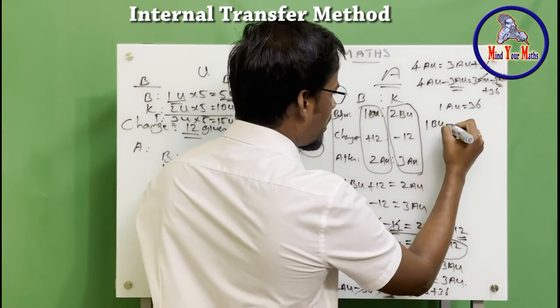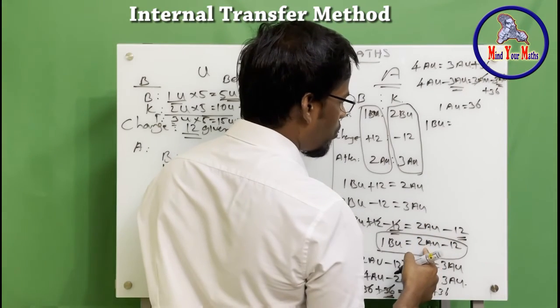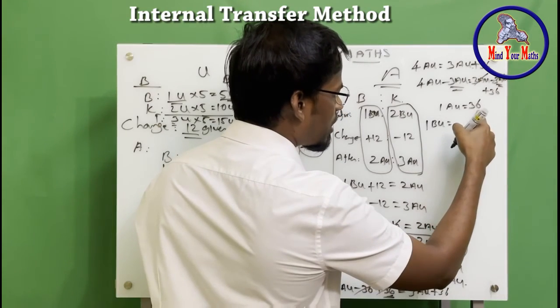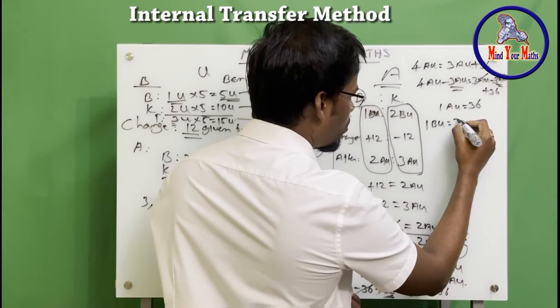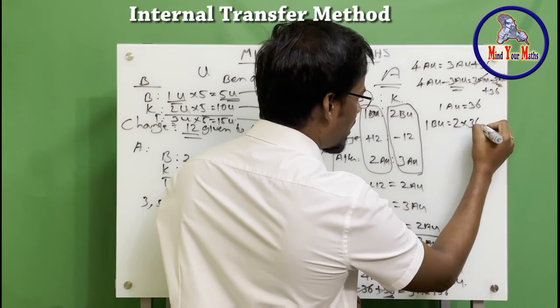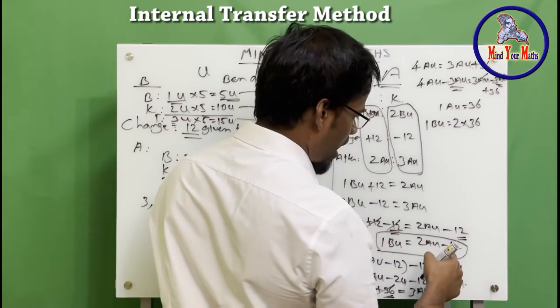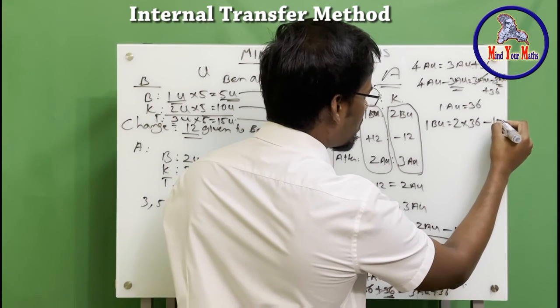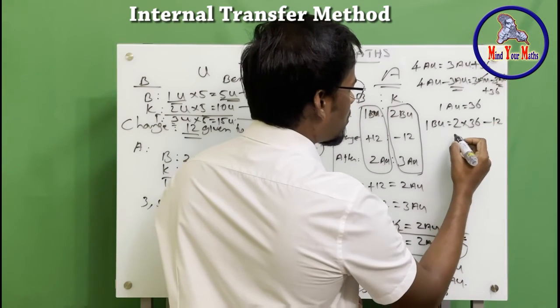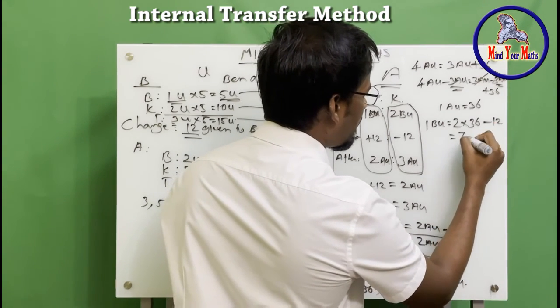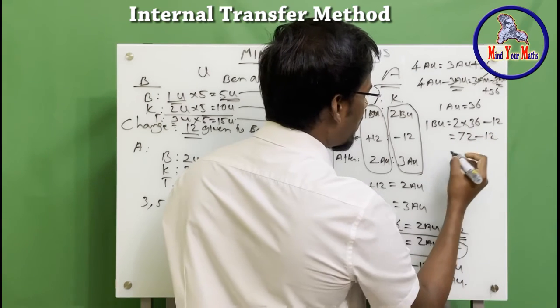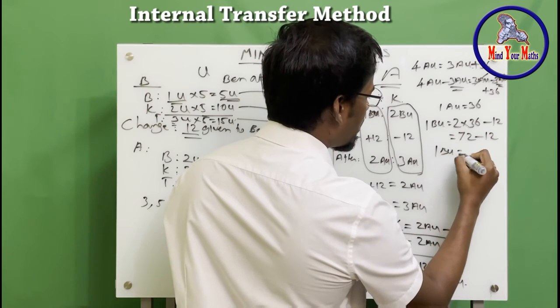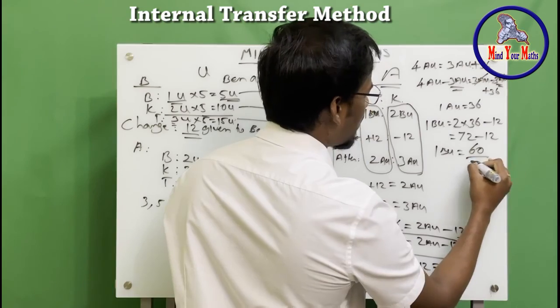So 1 BU is equals to 2 AU. 1 AU is 36. So 2 times 36 and then minus 12, right? Which is equal to 72 minus 12. So 1 BU is equals to 60, right?